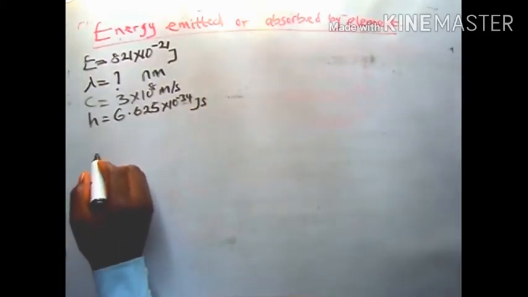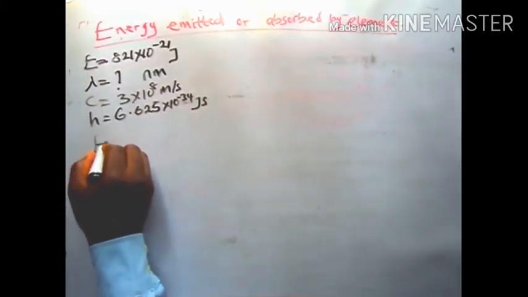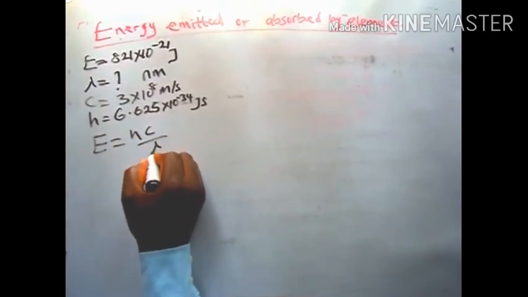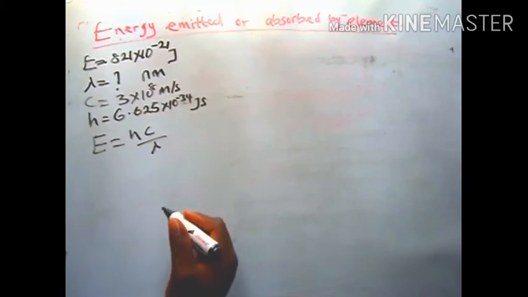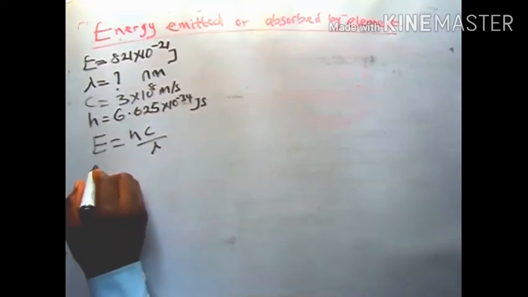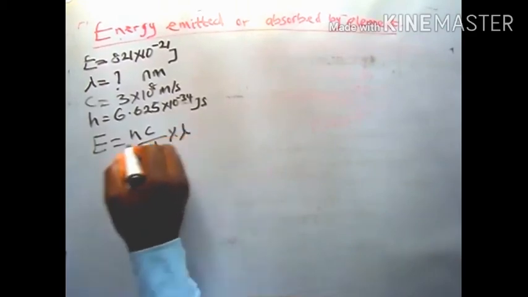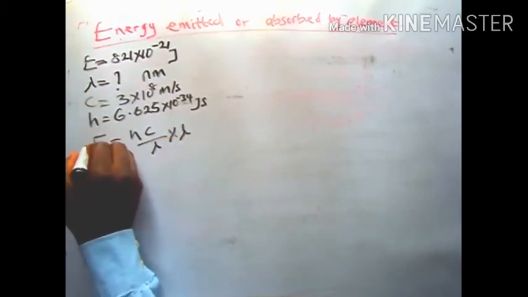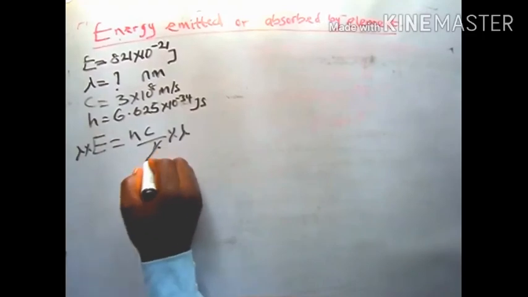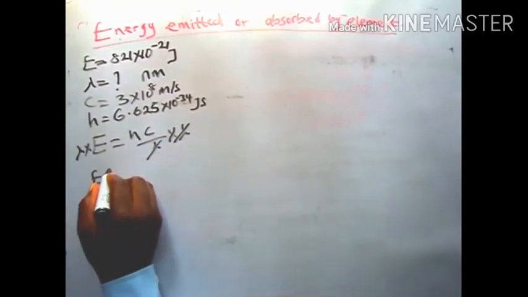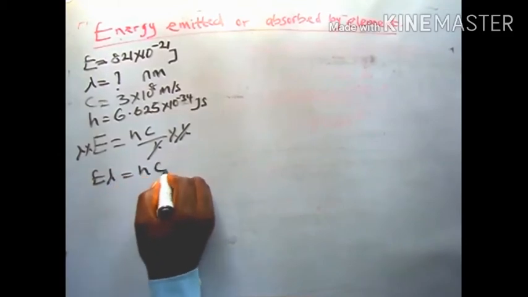So now what we're going to do is, we know our E equals HC over lambda, so we're going to make lambda the subject of the formula. Multiply both sides by lambda. This will cancel out this, so you are left with E lambda equals HC.